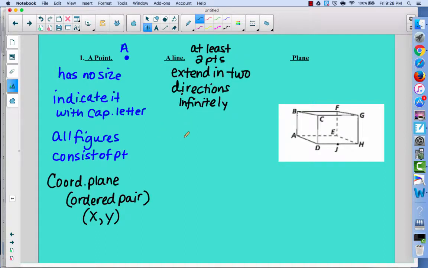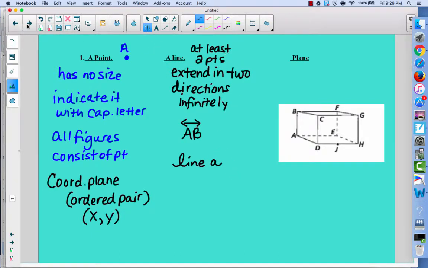We usually use 2 capital letters and we put a line symbol above it. That symbol is actually important. Symbols take on a lot of meanings in geometry, so we're really going to have to be comfortable with these symbols. I also could write it like this, line A, and usually I'll do that. It will be a lowercase letter, but you'll see it in the book.